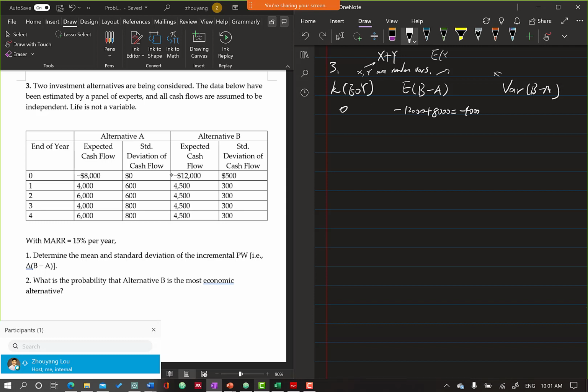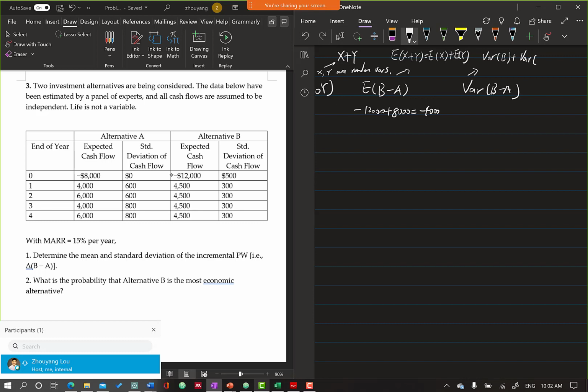Then we have the expectation of X plus Y. We can just take every component out, so we have the summation of the expectations. And for the variance, that's just the summation of these variances.